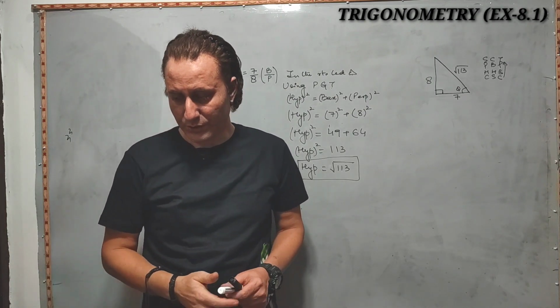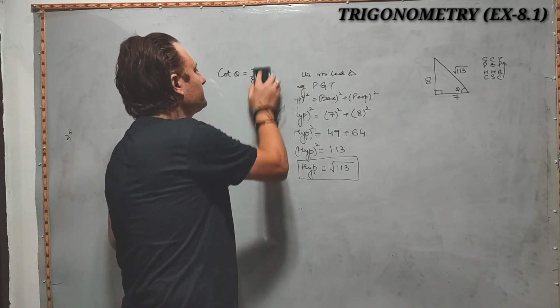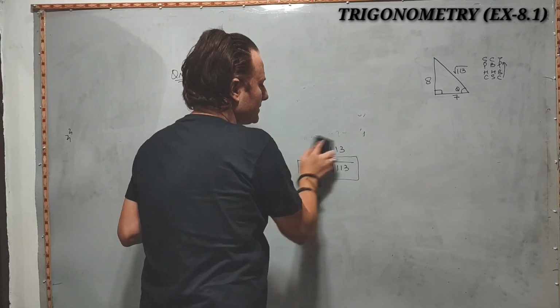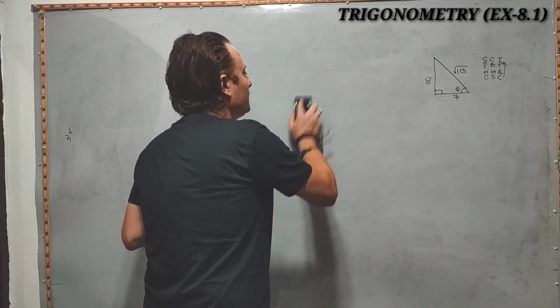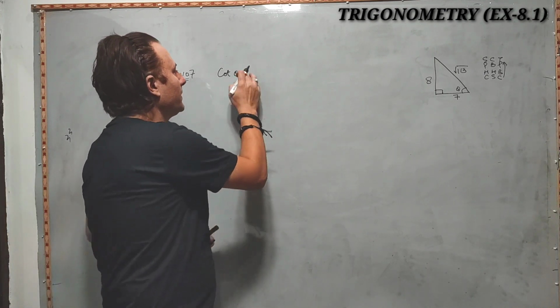So now the question is asking, let me just take this off. Now what the question says, let me write that first and then we will try to solve it. We have two parts here.